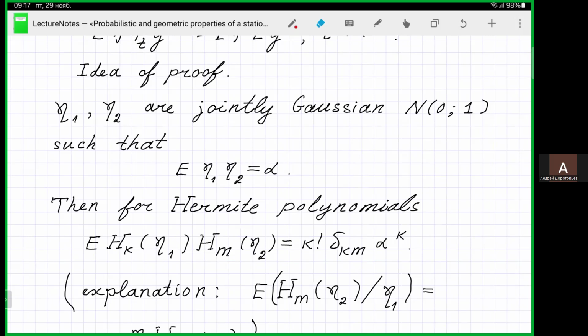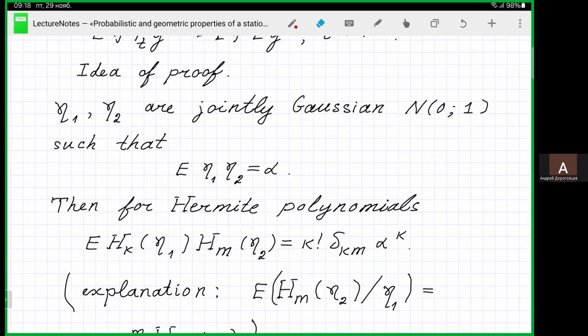Then it occurs that for Hermite polynomials of these Gaussian random variables, a very nice formula takes place. The expectation of the product of two Hermite polynomials from eta 1 and eta 2 is equal to k factorial delta_{km} alpha^k.